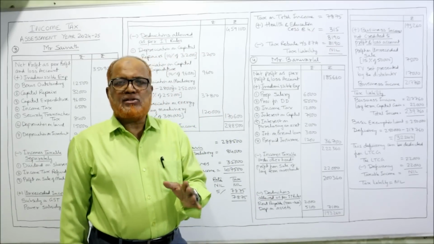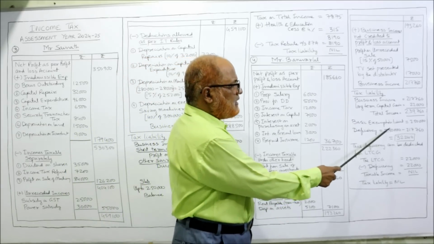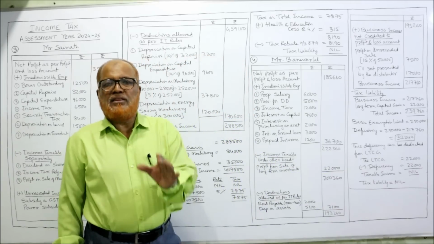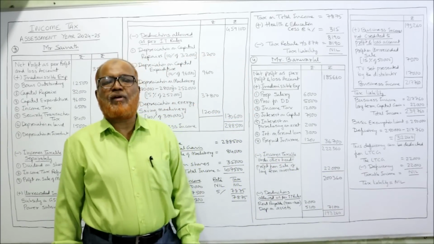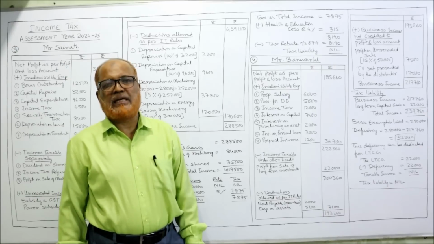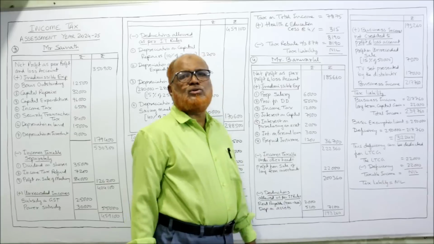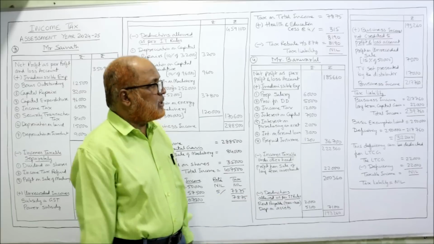So deficiency 2,50,000 minus 217,760, 32,240. This deficiency can be adjusted from long-term capital gain. Our long-term capital gain is only 22,000, but we have the power to deduct up to 32,240.